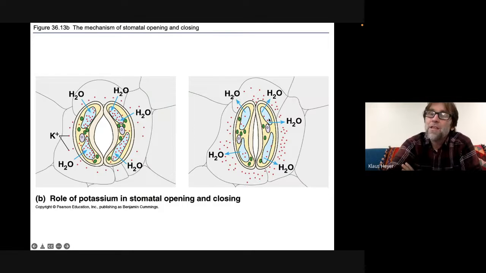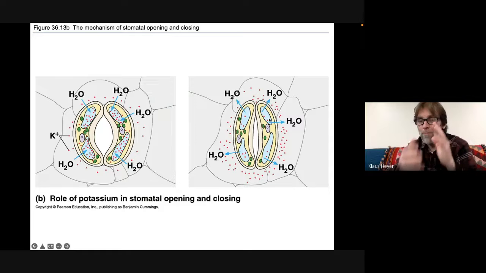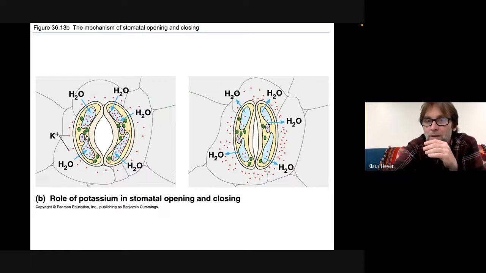And so what the plant will do when you want to open up this stoma is get a lot of water into these, and then it's going to buckle right in the middle here. That's what's happening on this side. They're not showing it that much bigger, but they are bigger. Like you make these bigger, and then the middle of each cell buckles.